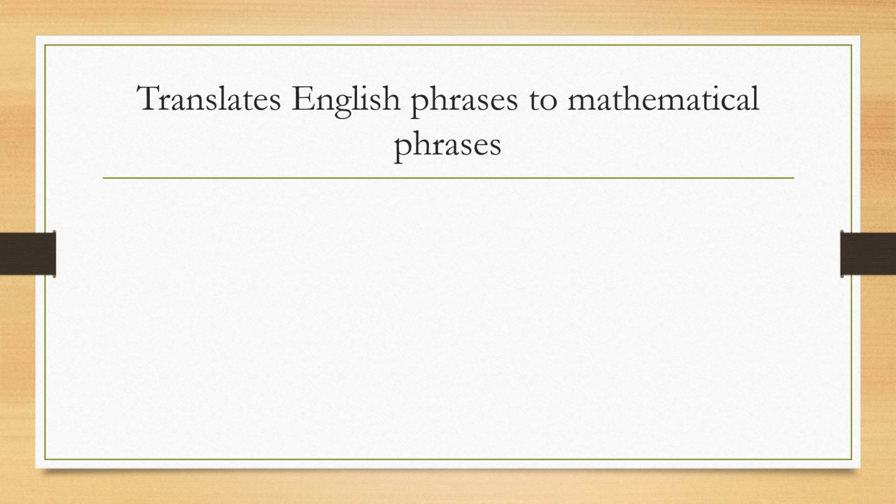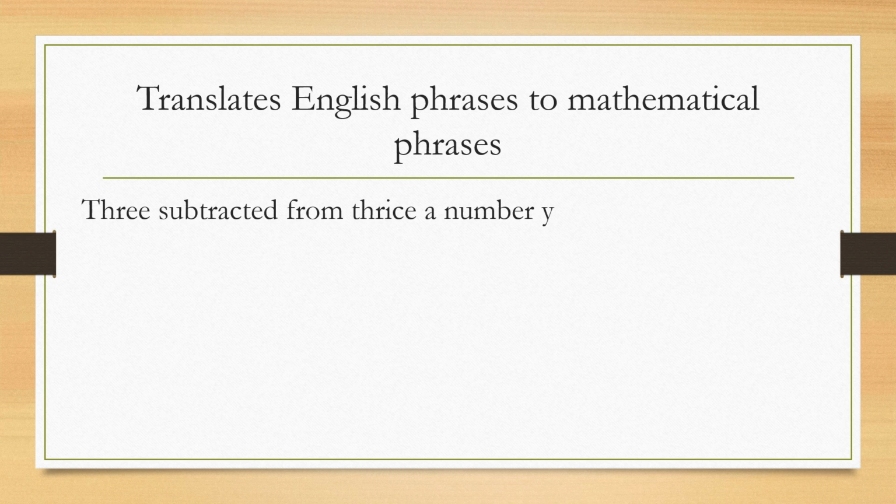So let us try to translate this set of English phrases to mathematical phrases. So for example, we have the English phrase 3 subtracted from thrice a number y. So in this given problem, the keyword in this given is subtracted.